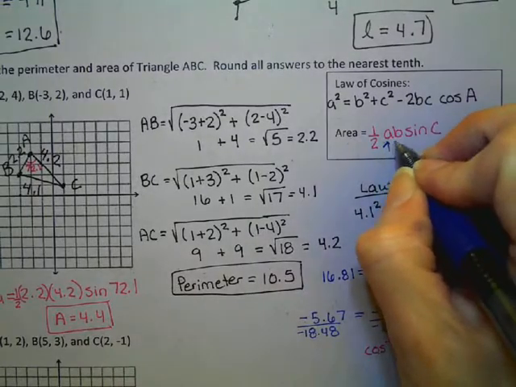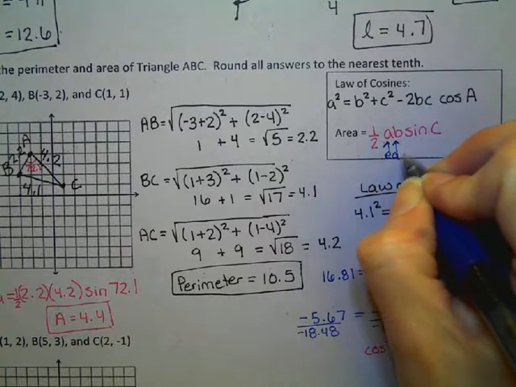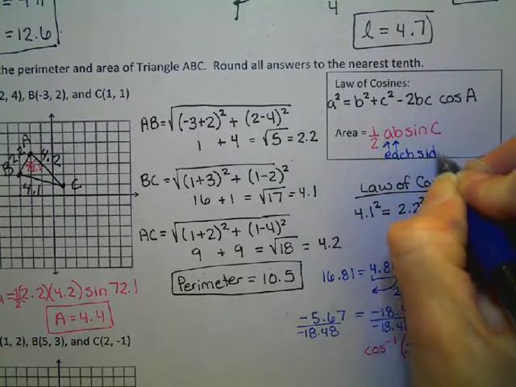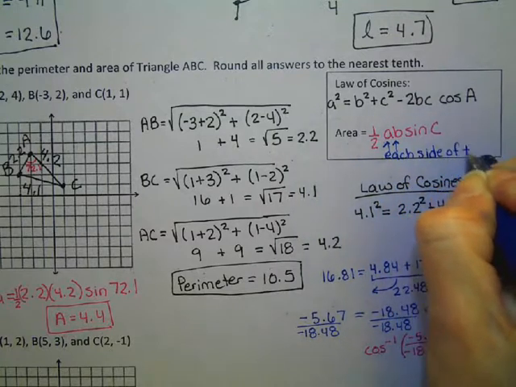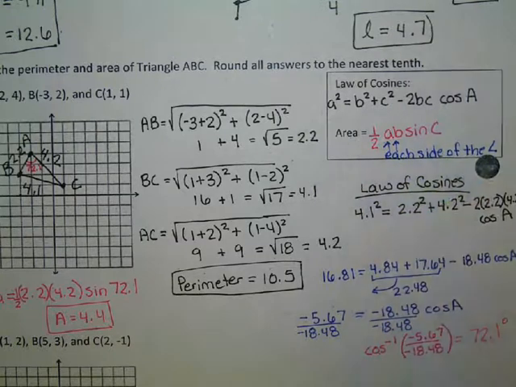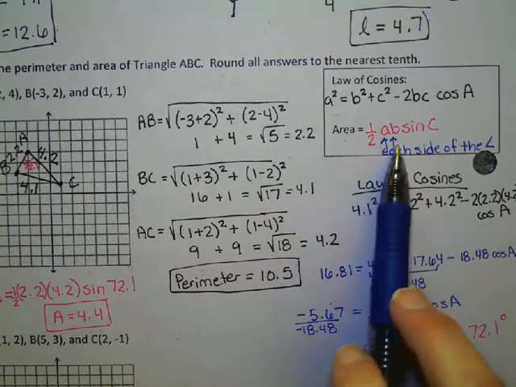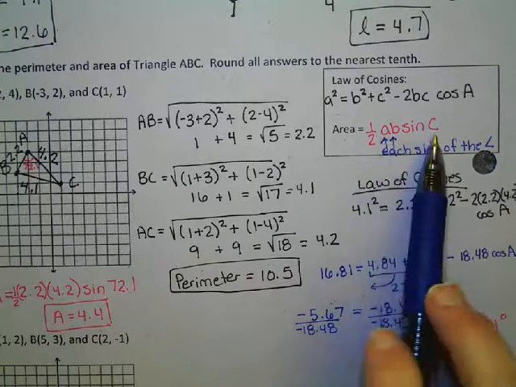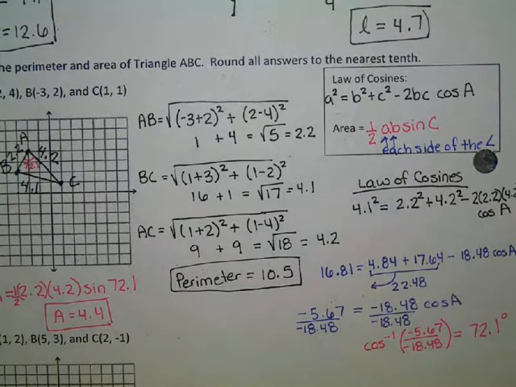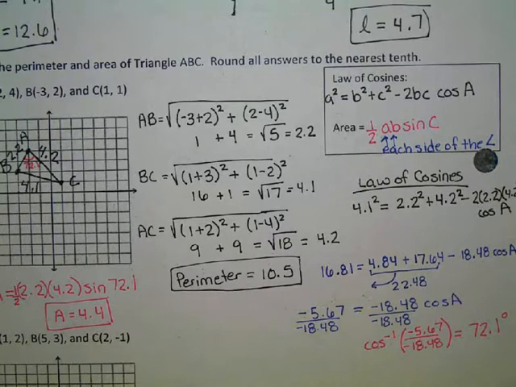So with that being said, maybe I should put a note here. These numbers here represent each side of the angle. So when you're trying to figure out, well, I found all three, how do I know which numbers to use?